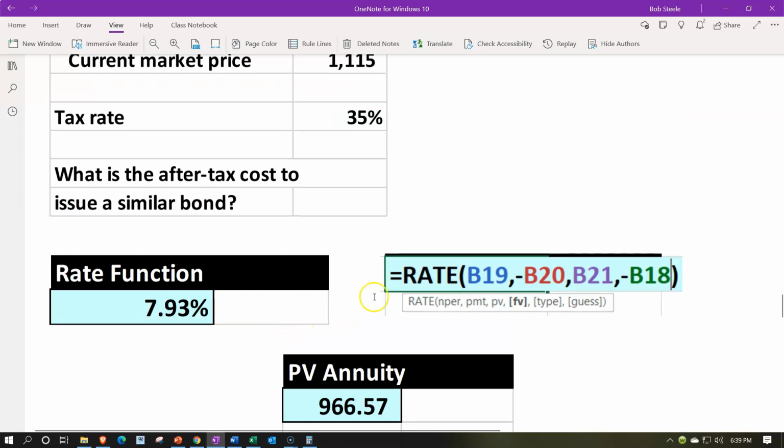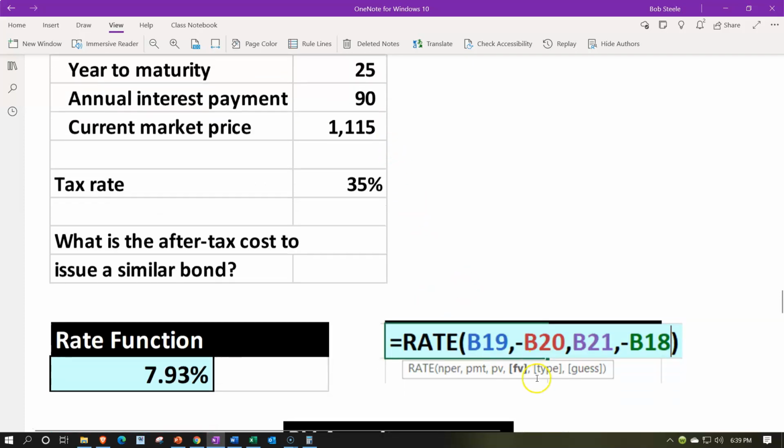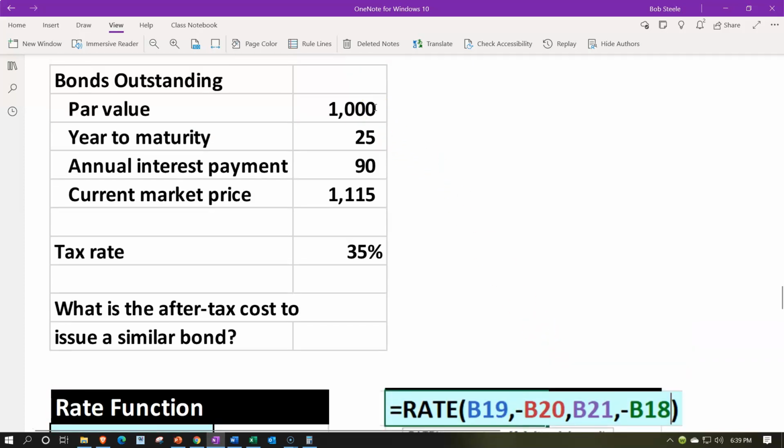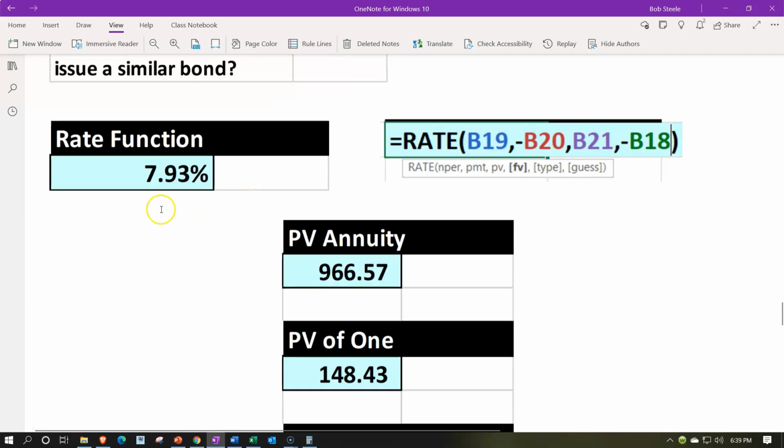The rate formula looks like this: equals RATE, number of periods, which is going to be 25, comma, the payment, which is going to be 90, you need a negative number here, comma, present value is going to be the 1115, the price, comma, future value, you need a negative here, and this is going to be the 1,000 that will be there at maturity. That should give you the 9.9793, which you can then double check with your annuity calculations.